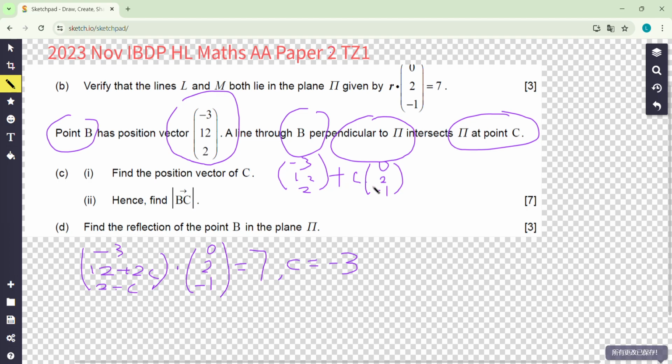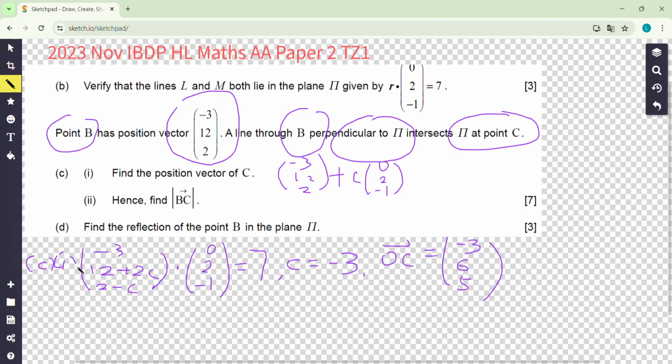Substitute it back, and then you will find the position vector of c, OC, okay, and it is equal -3, 12 minus 6, so it's 6, and then 2 plus 3, so it is 5. So it's (-3, 6, 5). It is the answer of C1.